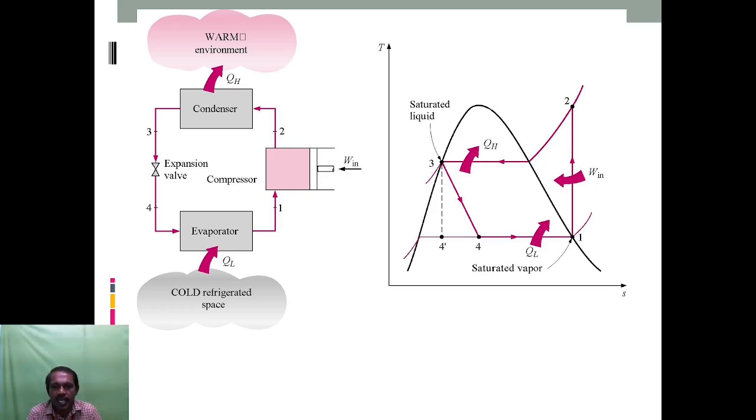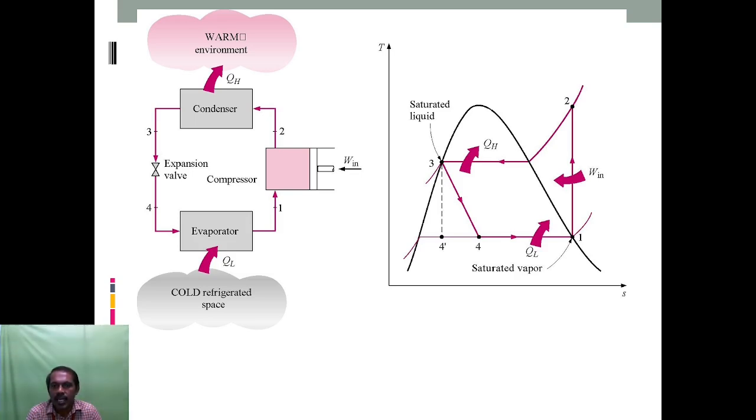Here is the cycle for refrigeration. First, 1 to 2 is compression, 2 to 3 is the condenser, 3 to 4 is expansion, and 4 to 1 is the evaporator. Here is the graph of temperature and entropy.